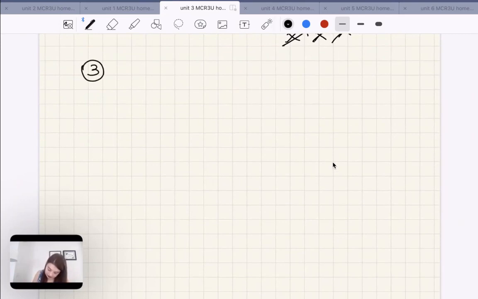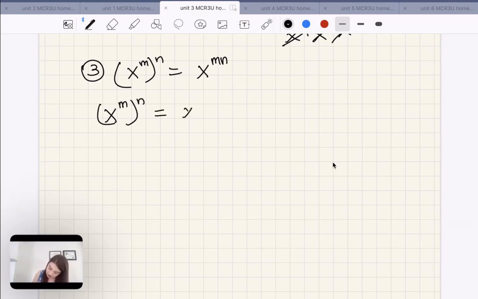Law number 3 states that x to the m, all to the n, is equal to x to the m times n. Okay, now why is this true? Well, let's think about it. We have x to the m, to the n. Well, this is equal to x times blah, blah, blah, m times, to the n, right?